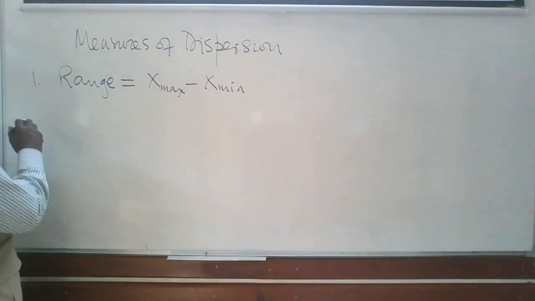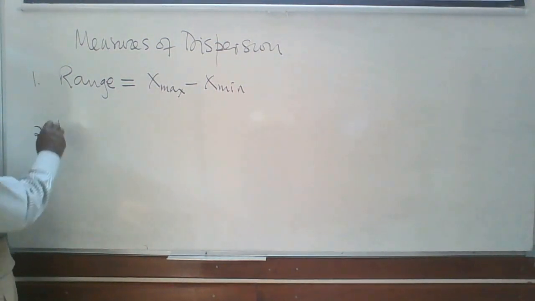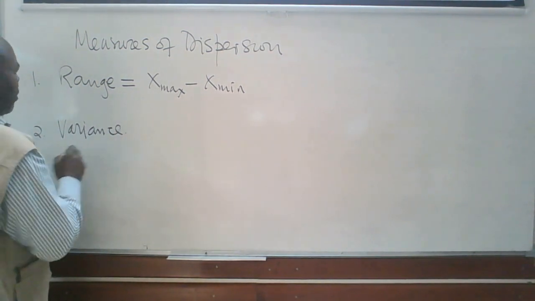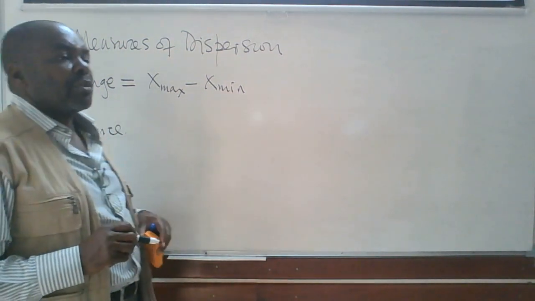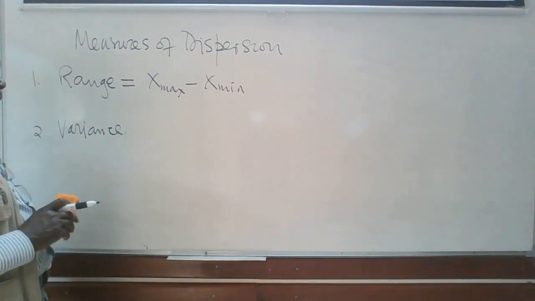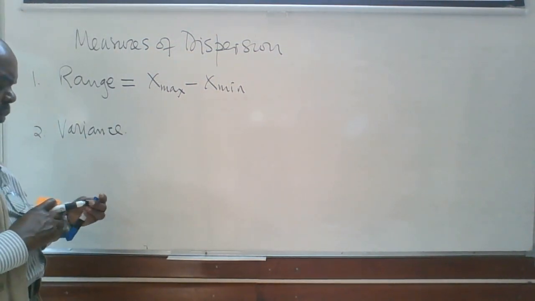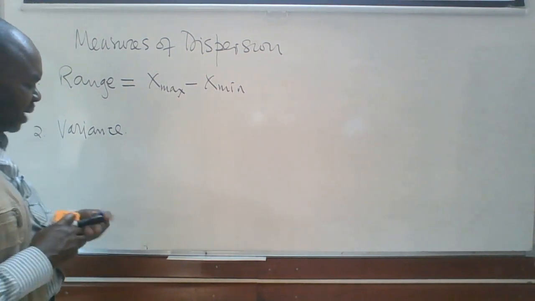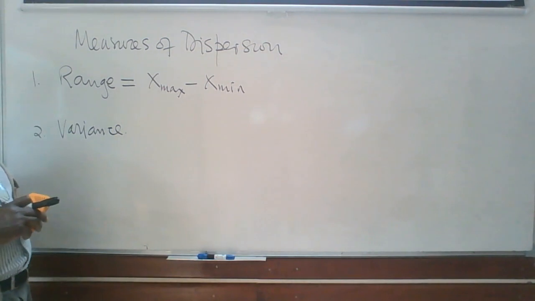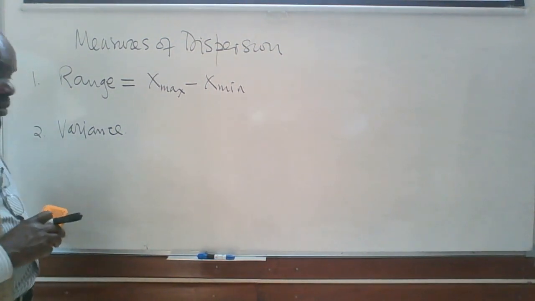Okay? 2, the variance. Variance is the most important measure of spread in statistics. And it is used all the time. And it has no units, so it's very difficult to know whether it's large or small.